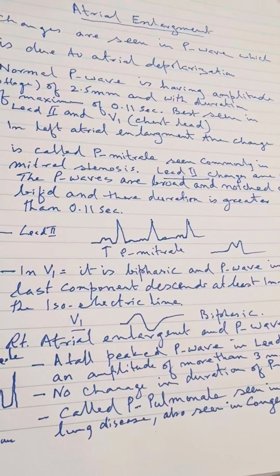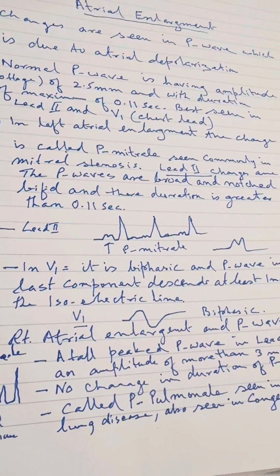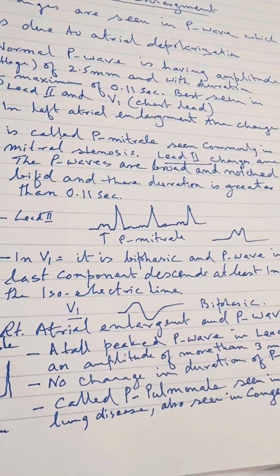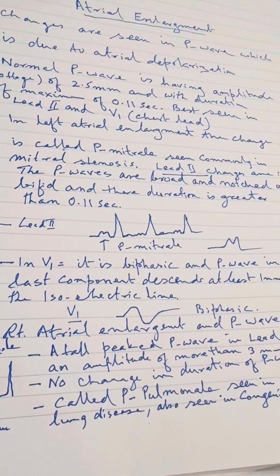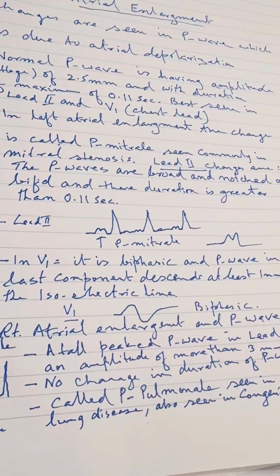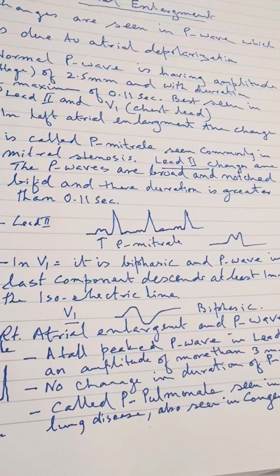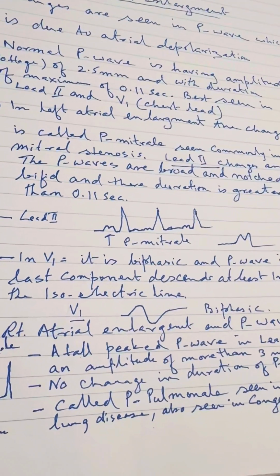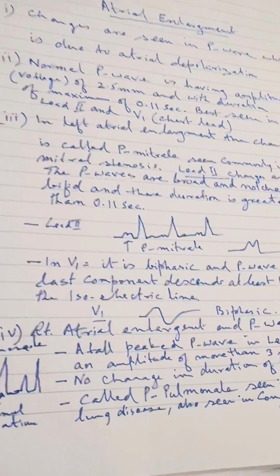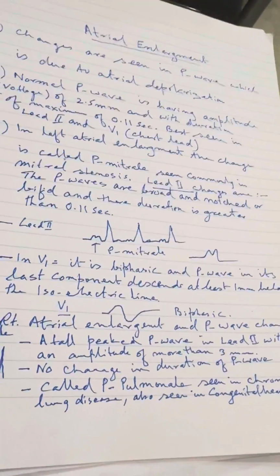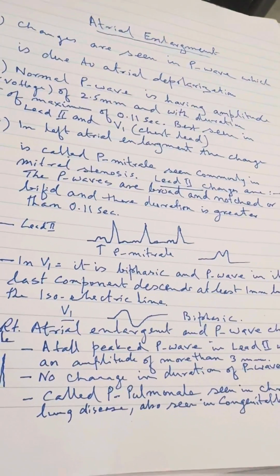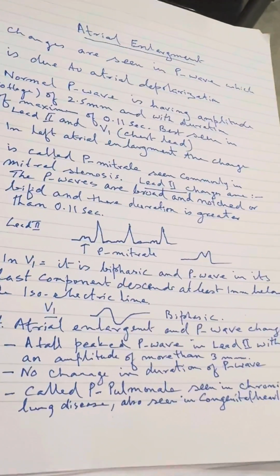Now, in V1, there is a biphasic P wave. You can see it in the V1 chest lead.